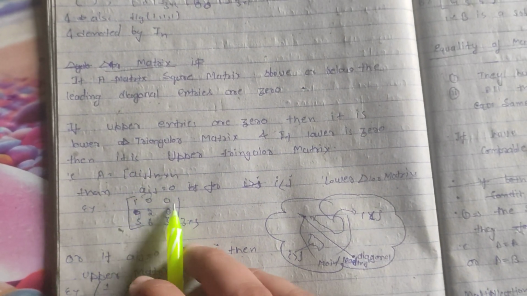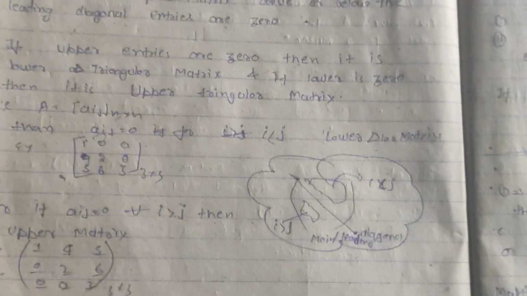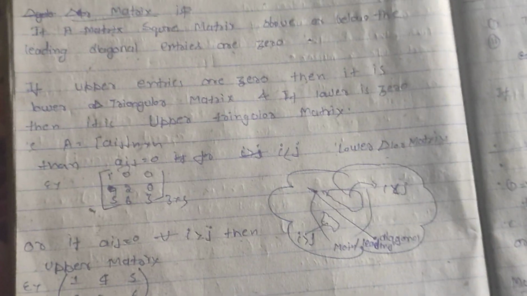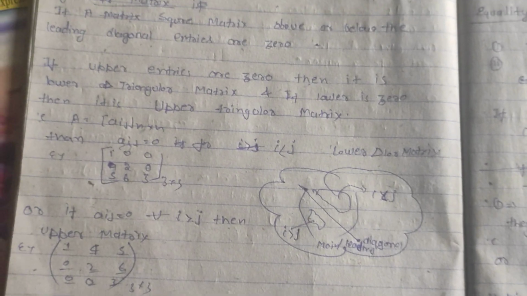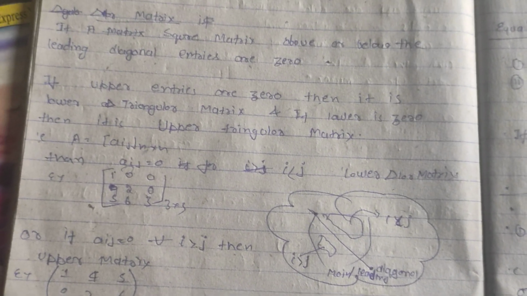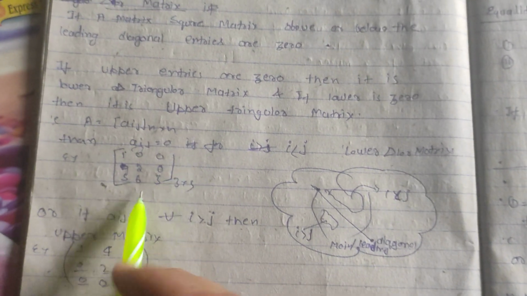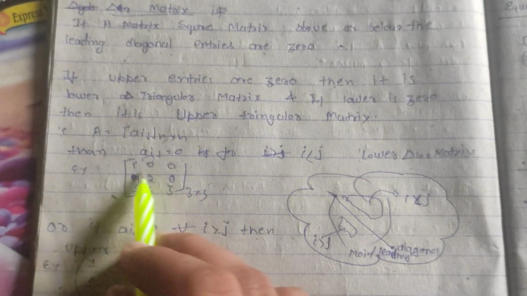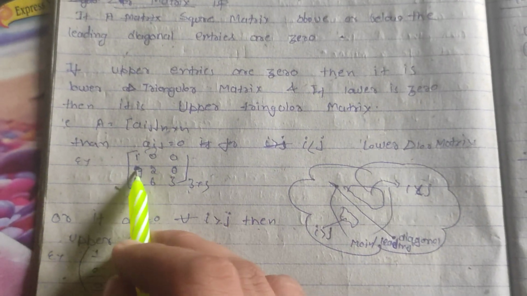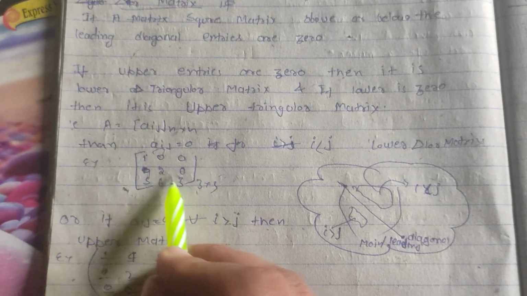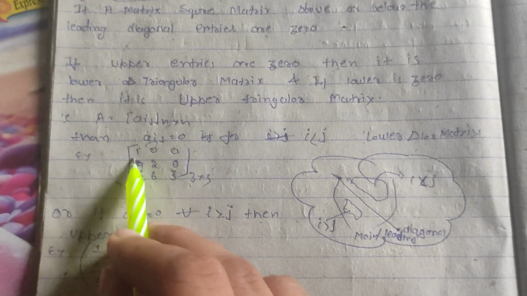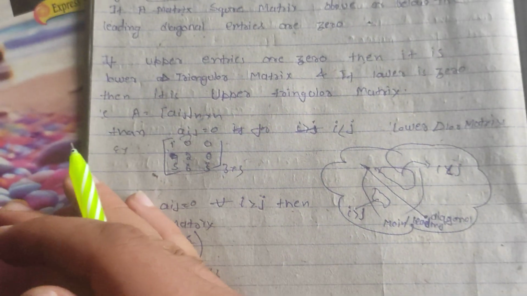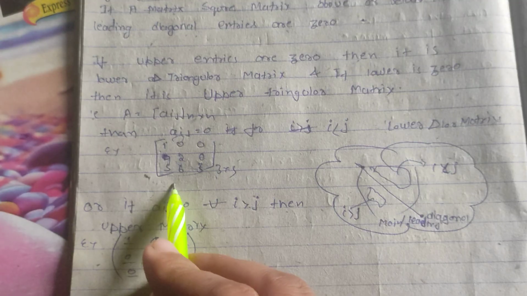Let's talk about which matrix is upper triangular. So here, why do we call this a lower triangular matrix? Look, when all the entries above the leading diagonal are 0, the only part where the entries are non-zero forms a triangle, located at the bottom, the lower side, and that's why it's called lower triangular.